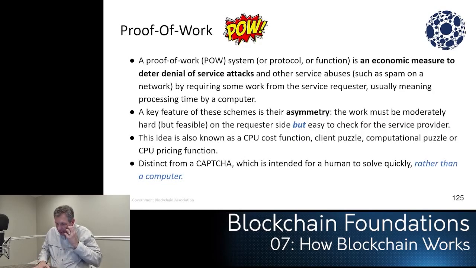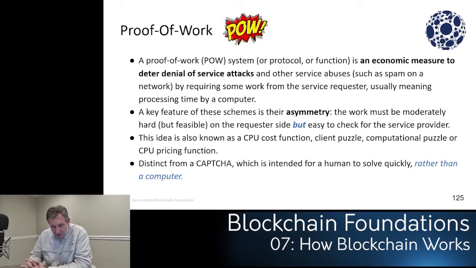So think of it as having a problem question or statement, and then somebody else having the answer key. It might take you a while to figure out the problem, but once you figure out the problem, if somebody's got the answer key, they can very quickly say it's correct or it's not correct. And this concept is also known as CPU cost function. A puzzle, a computational puzzle.